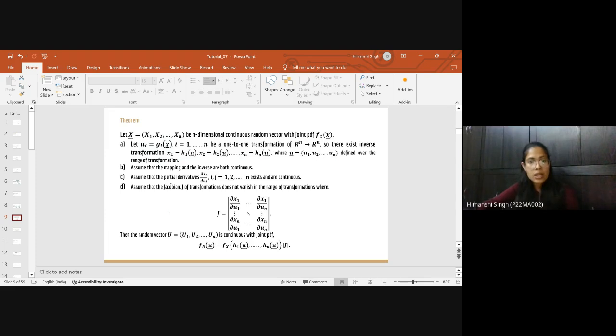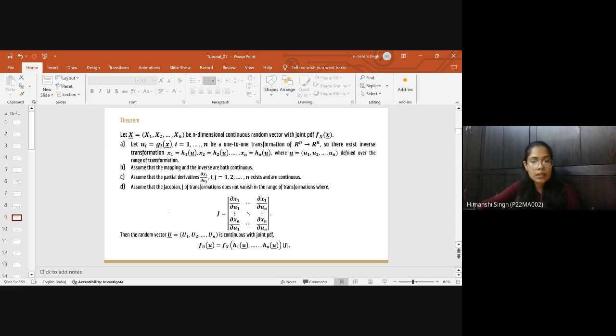Apart from this, we assume that the mapping gi and the inverse hi are both continuous. We also consider the partial derivatives, such as the derivative of x1 with respect to u1 or u2, and we assume that all these partial derivatives exist and are continuous.